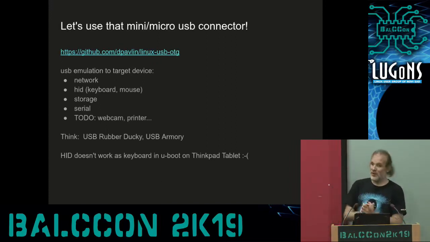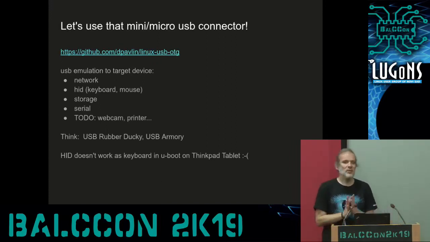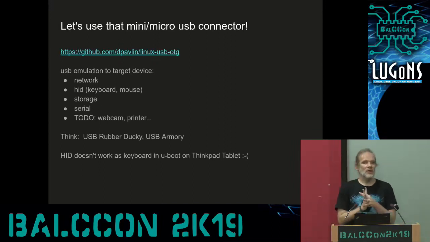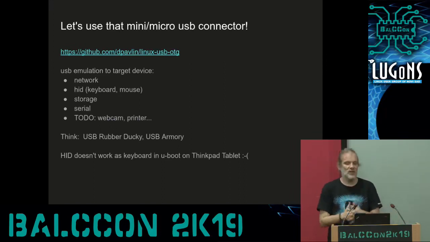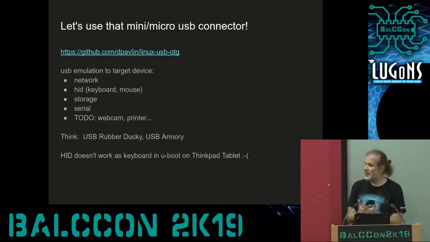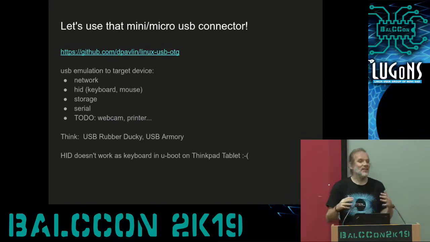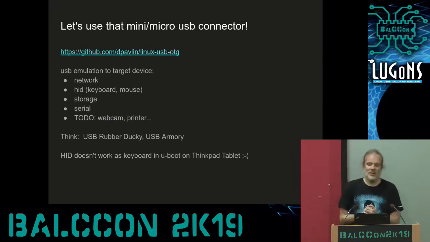But my goal, to be honest, was to be able to get USB OTG running under Linux. Not under Android, but under Linux. And it really is possible. Again, there is scattered documentation on the internet.